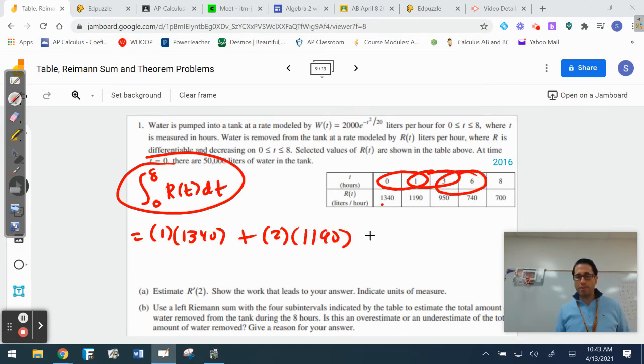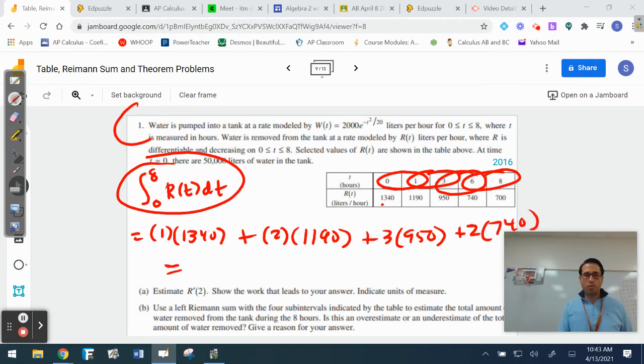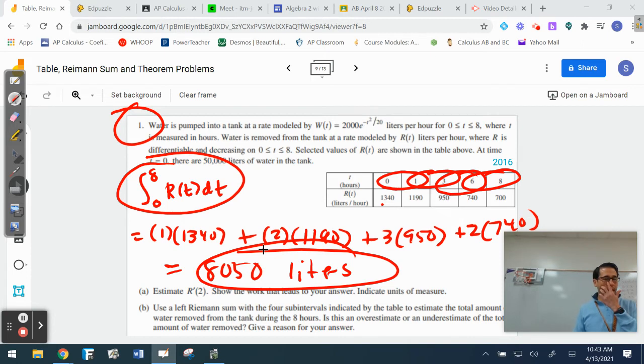The next one would be 3 to 6 times 3, but use the left one, 950. And then the last one would be 6 to 8, which would be 2, use the left one, which would be 740. This is number 1, so you would get to use a calculator. And I got 8,050 liters.